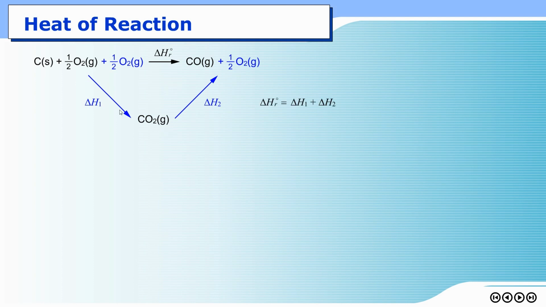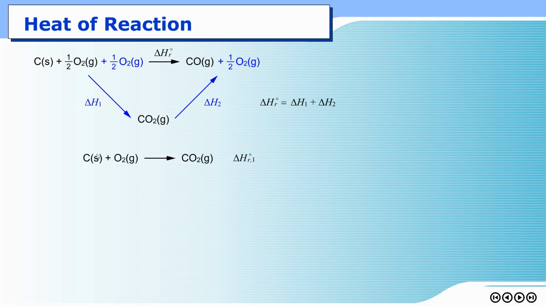So if we take this blue path to be our indirect path, then the value of the delta H that we want can be obtained from the combination of delta H1 and delta H2. The left hand side is the direct path, the right hand side is a combination of indirect steps.